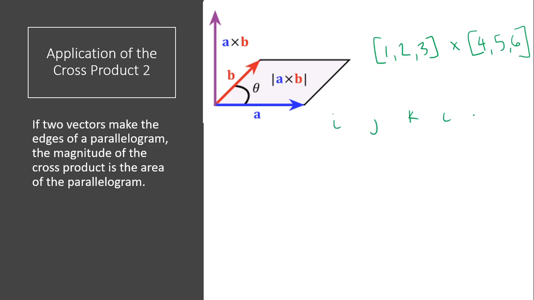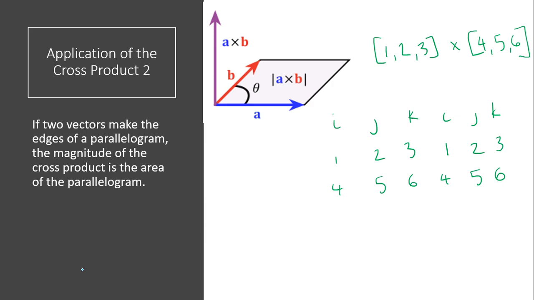IJK, and then 1, 2, 3. I almost wrote down 1, 2, 3, 4, 5, 6, and then 4, 5, 6. Switch the color.